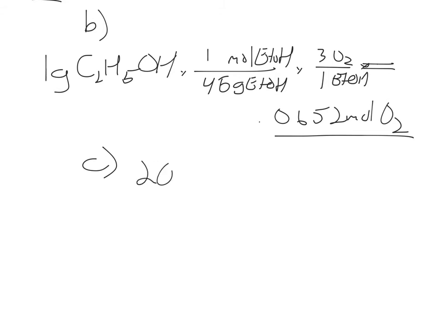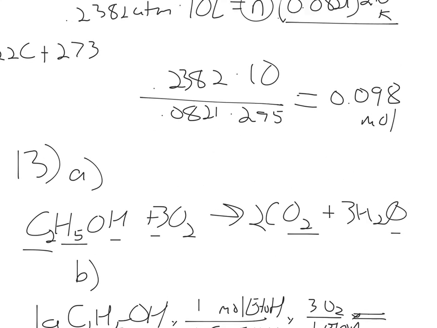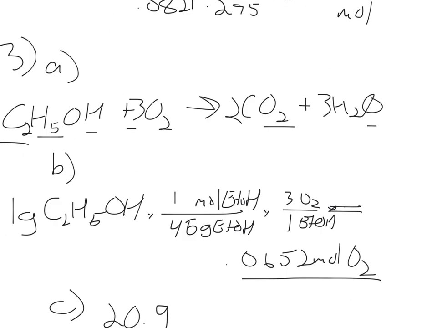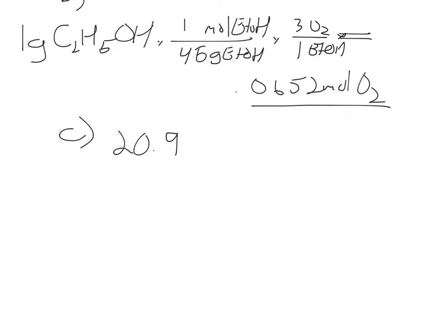It's 20.948%. Make sure I get this right. It is 20.948% of the total pressure. Well, the total pressure is, they said standard pressure, and standard pressure is 1 atmosphere. So if I want the partial pressure of oxygen, it's going to be 20.948% of that.